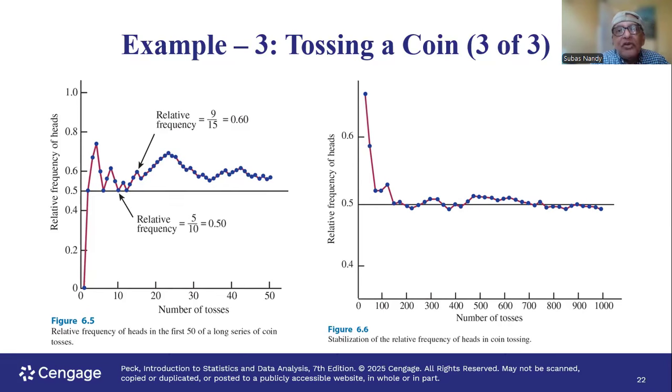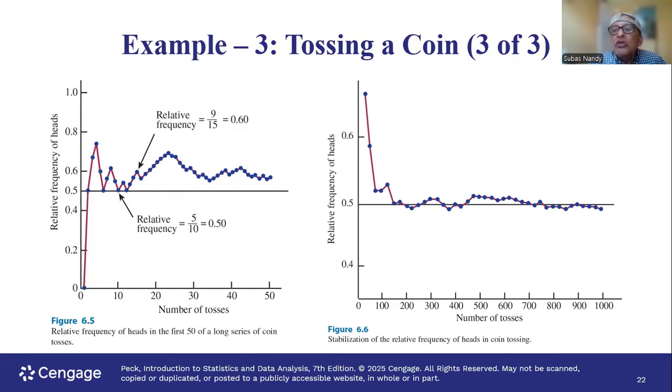So what is the difference between the left diagram and the right diagram? The only difference is the horizontal axis, the number of tosses. In the first one on the left, you toss the coin 50 times. On the one on the right, you toss the coin 1000 times. And look at the blue dots.